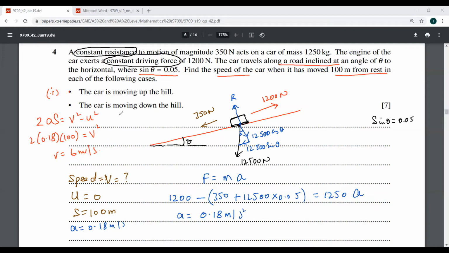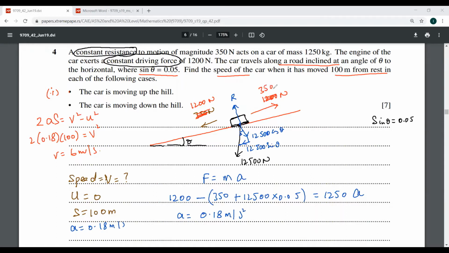And then it says when the car is moving down the hill. We have just 2 minutes to do that. When it is moving down the hill, I'm going to make some changes here. This 1200 would now be acting down, so it is 1200 newtons acting downward. I've started doing the second part, guys. And this 350 would now be acting in the opposite direction.